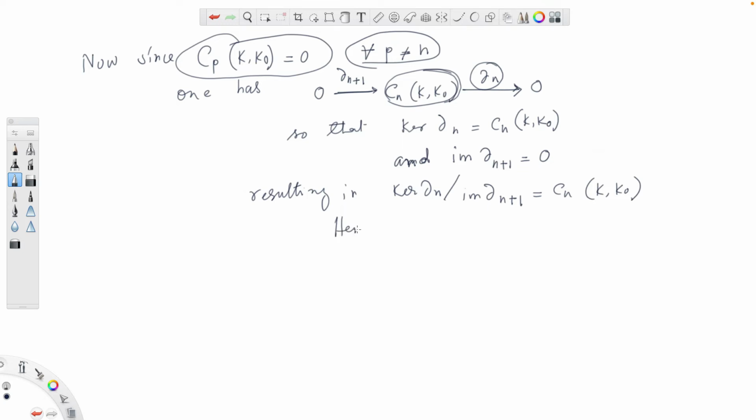Hence, one immediately finds that the relative nth homology of K modulo K0 is equal to Cn of K comma K0, and we have seen earlier that Cn(K, K0) is isomorphic to Z.